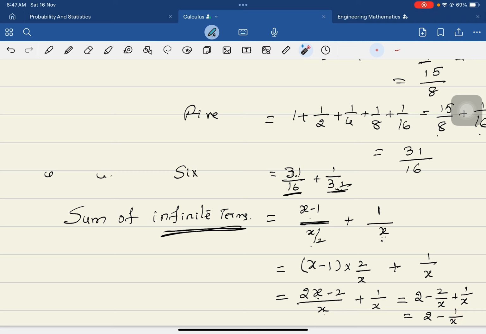Of course, whatever the bigger number you write, 1 by x doesn't cross, and 2 minus of that number means it cannot be 0. It cannot be 1. Whatever you say, 2 is the threshold, you can say. Are you able to understand? So definitely the sum of the infinite numbers is going to 2, you can say.